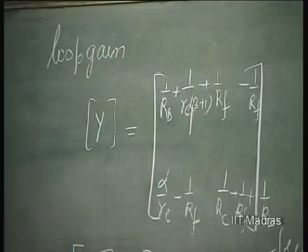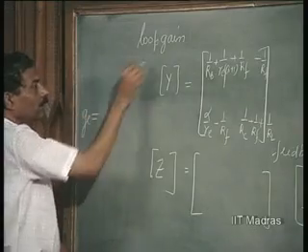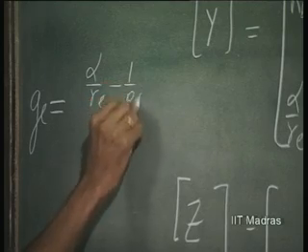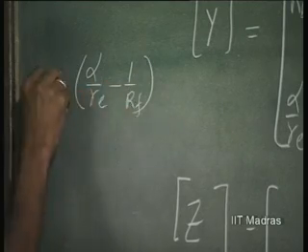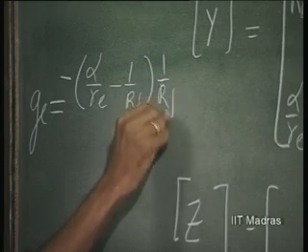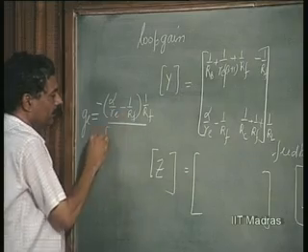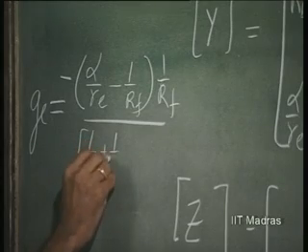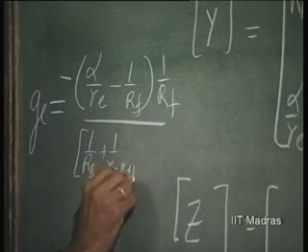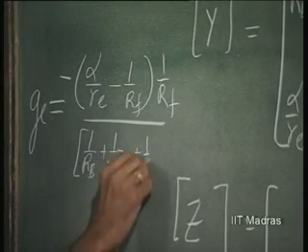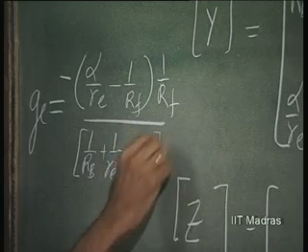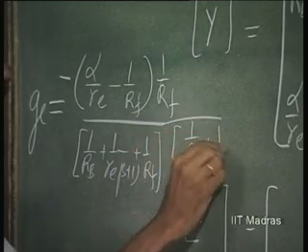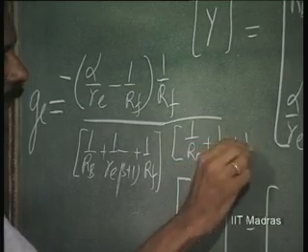It is nothing but alpha by RE minus 1 by RF into minus 1 over RF, divided by 1 over RB plus 1 over RE into beta plus 1 plus 1 over RF into 1 over RC plus 1 over RF plus 1 over RF.